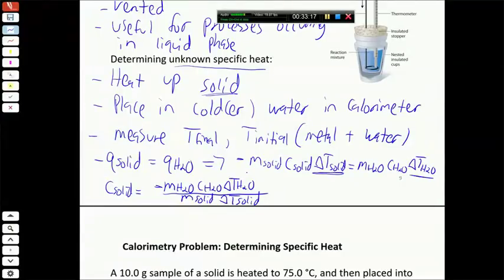All that information together, we can solve for the heat capacity of whatever solid it is. And this is how unknown heat capacities would be measured in a laboratory setting.